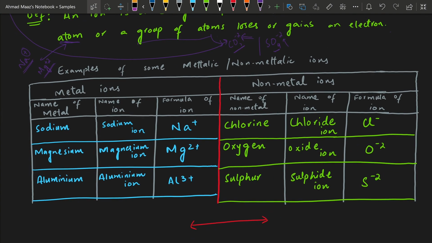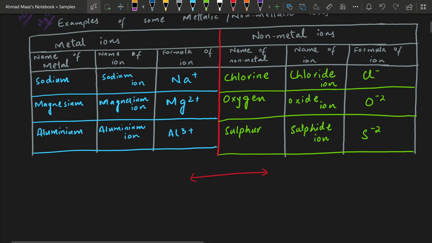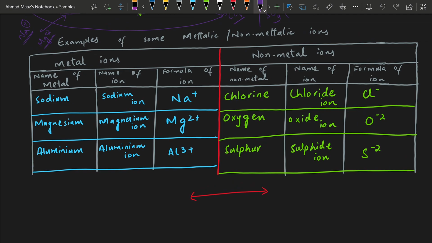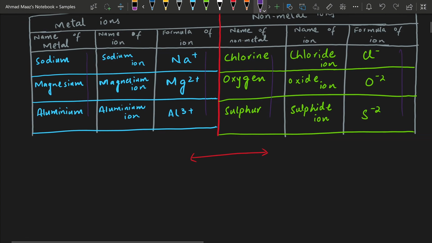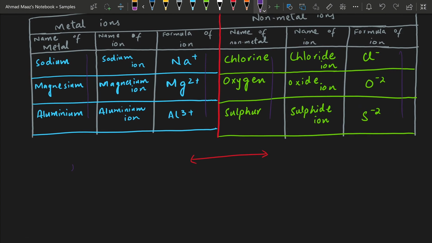Alright, here are a few examples of metallic and non-metallic ions. If you notice, metals, sodium, magnesium, aluminum, they all form positive ions. Alright, and the non-metals, chlorine, oxygen, and sulfur, they all form negative ions. Now this is because metals are usually electron donors.